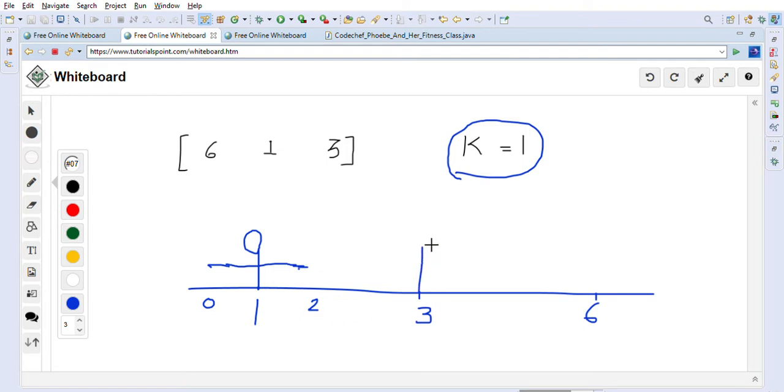Now this is another person who is exercising. If he is putting his hands side by side, then this point will be until 3 minus 1, which is 2, right? So let's just assume that 2 is here, so both persons' hands are touching but they are not overlapping. 3 minus 1, and on this side it is going until 4.